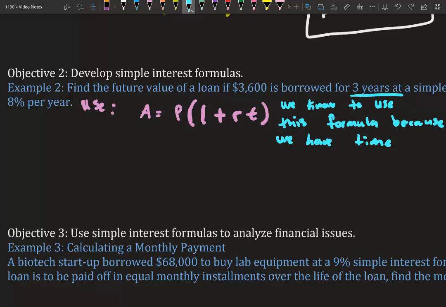So we know to use this formula because we have time. So we're trying to find the future value. Future value stands for A. That's what we're trying to find. We don't know it.